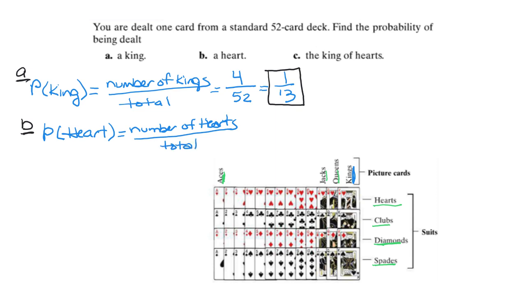Our sample space is the entire deck of cards. So once again, we have 13 hearts over 52 cards to choose from, and we reduce this and it becomes 1/4. This is the probability of selecting a heart.